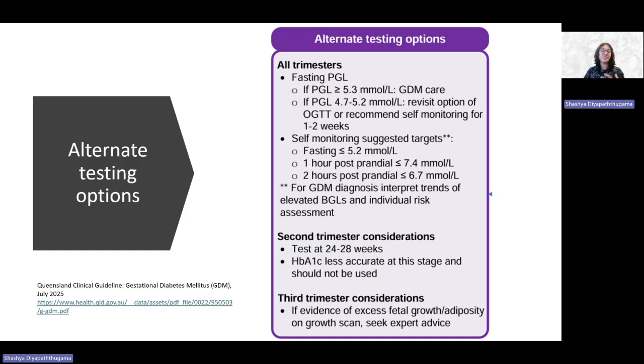The pregnant woman can do self-monitoring, and these are the suggested blood glucose values if they do self-monitoring at home, not the oral glucose tolerance test but self-monitoring of blood glucose. This can be done in all trimesters, but after the second trimester, they can also do HbA1c. So there are other methods of measuring that as well.